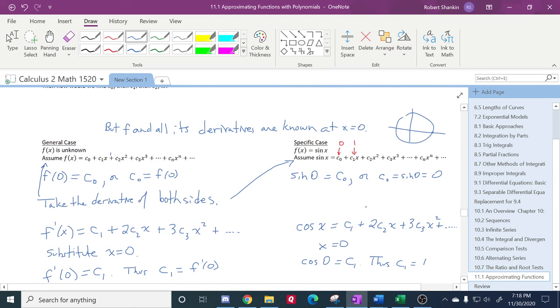By the way, we could be doing this same thing over here. We know that this C1, or C sub 0, we got, what was C sub 0? F of 0. So the general case, it's F of 0. And this C1, we just found out it's F prime of 0.